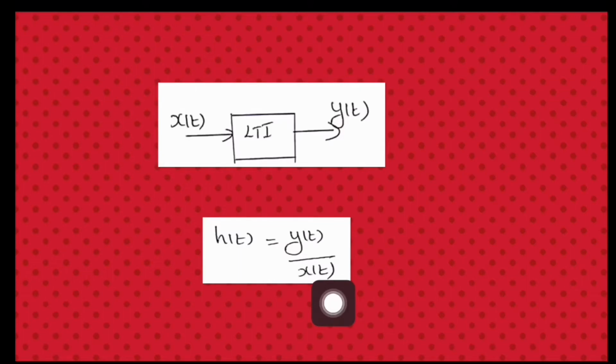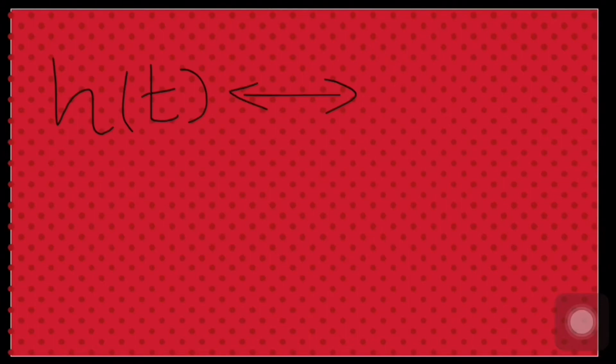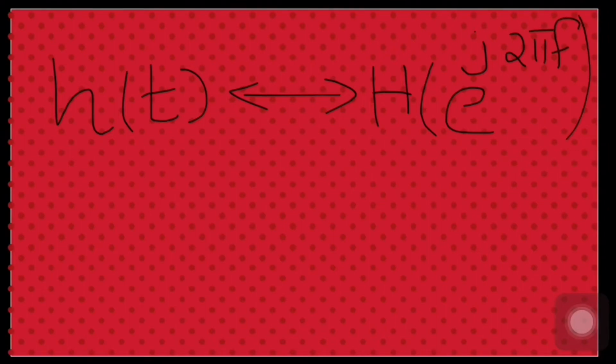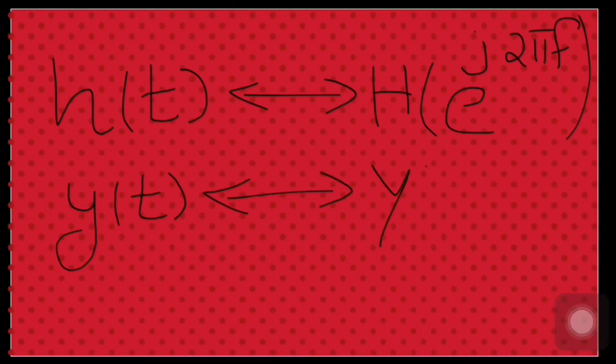Hope you got it. Now we are going to take Fourier transform on both sides of this equation. I hope you all know that Fourier transform of h of t is represented by H of e raised to j 2 pi f, and that of y of t is represented as Y of e raised to j 2 pi f.